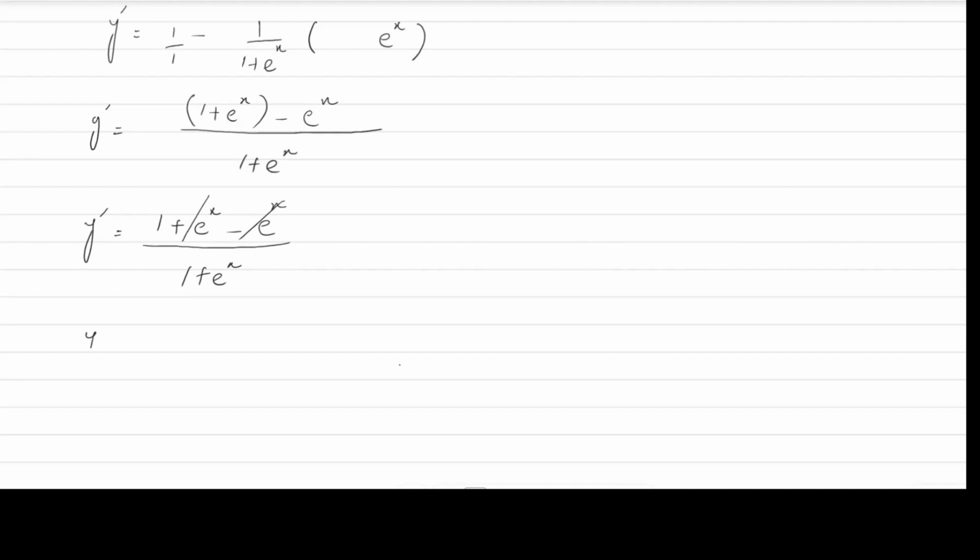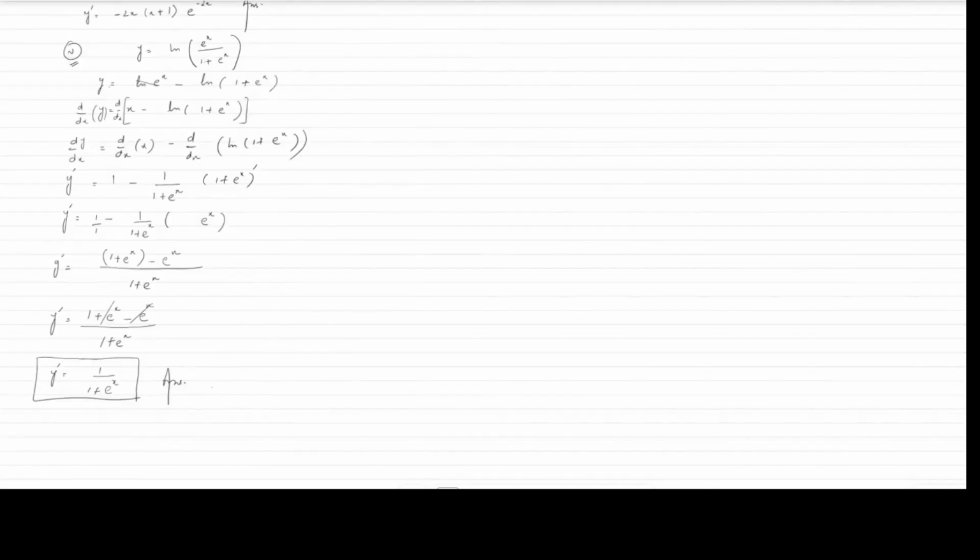So y derivative is equal to 1 upon 1 plus e raised to the power x, and that is the answer of question number 2, fifth part. Here is the whole solution of fifth part, and now let's move to its sixth part.